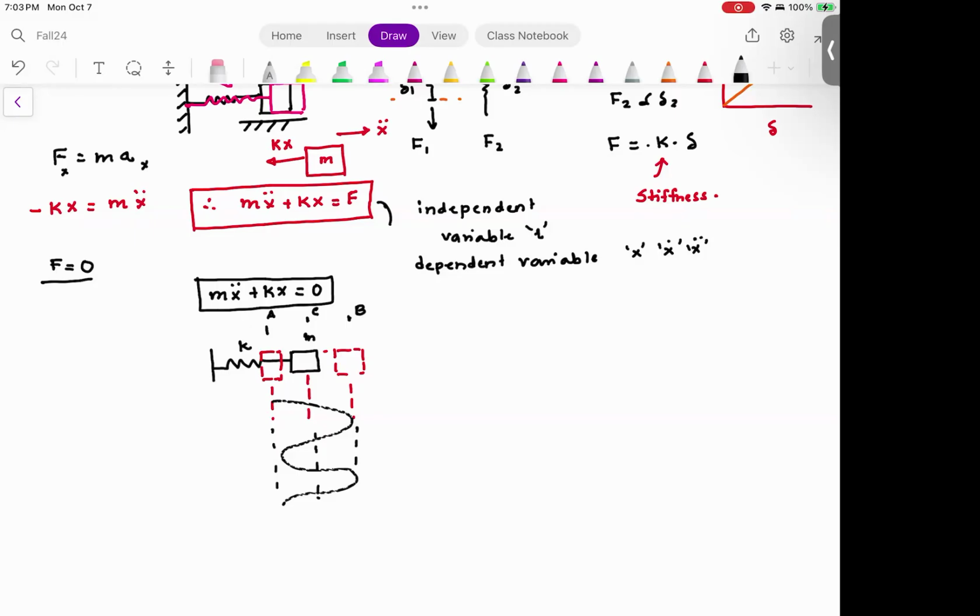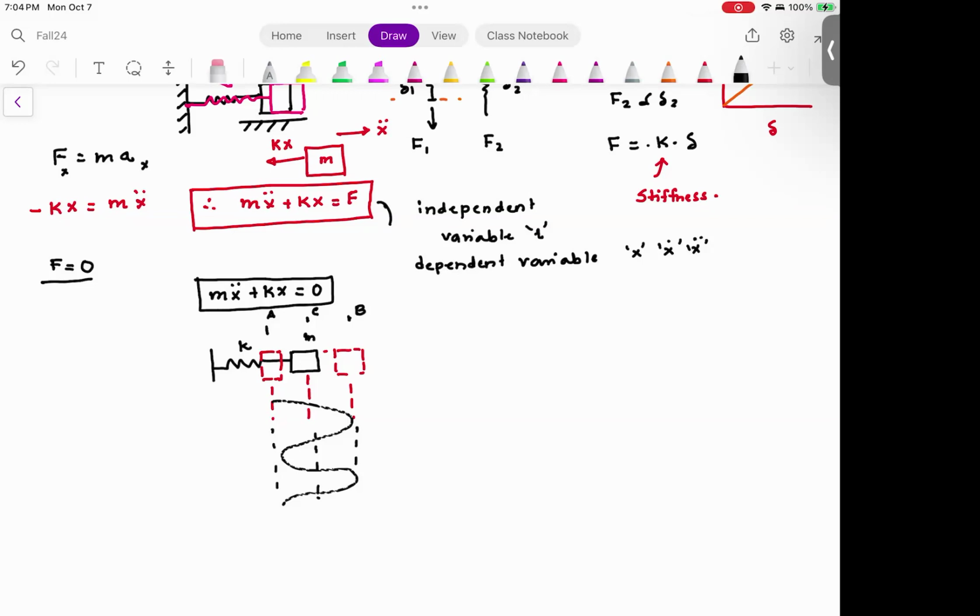At the extremity, at point B, the mass changes the direction of travel, which means when the mass is at point B, at that instant, its velocity is zero. So the velocity of the mass decreases, it becomes zero, and then it starts increasing.